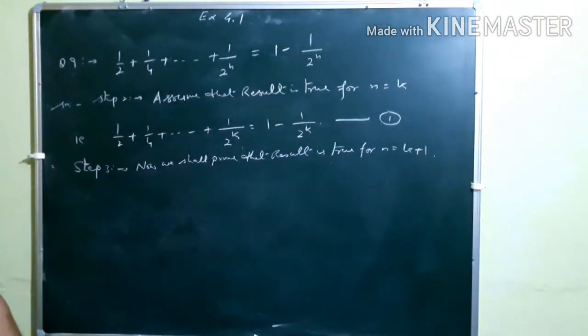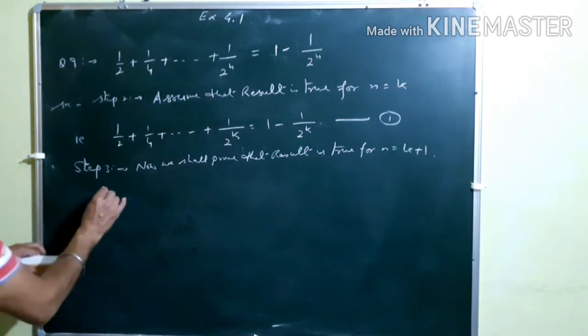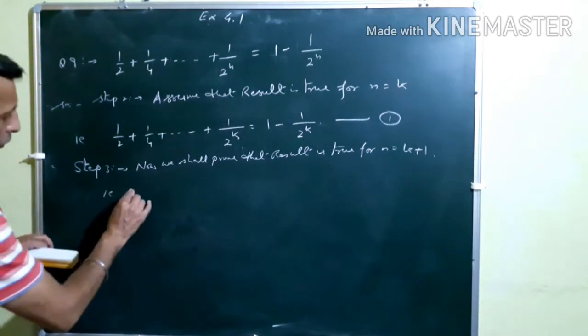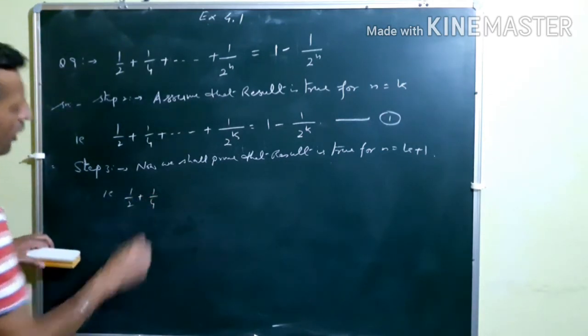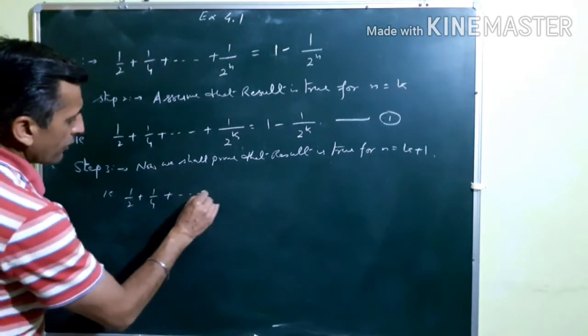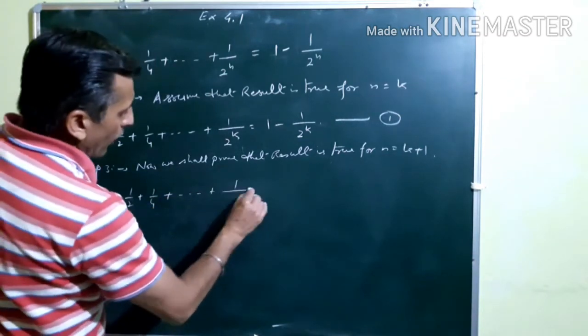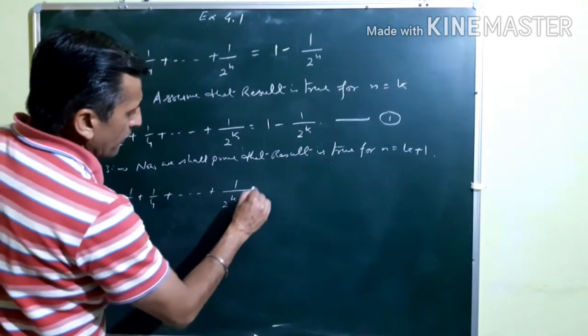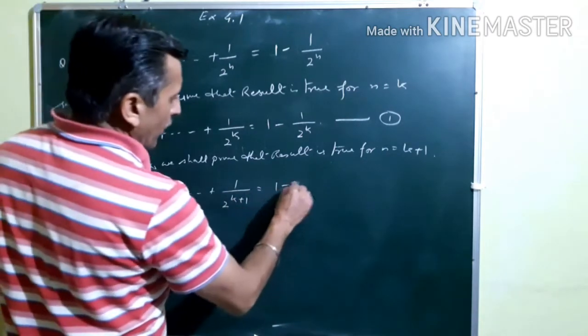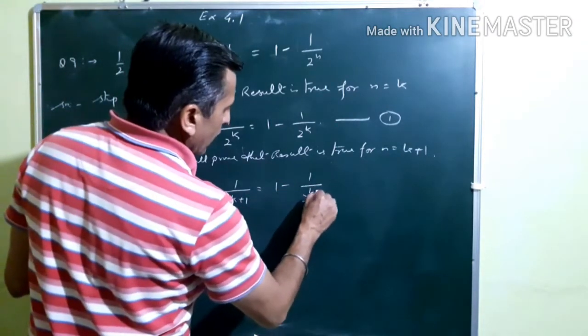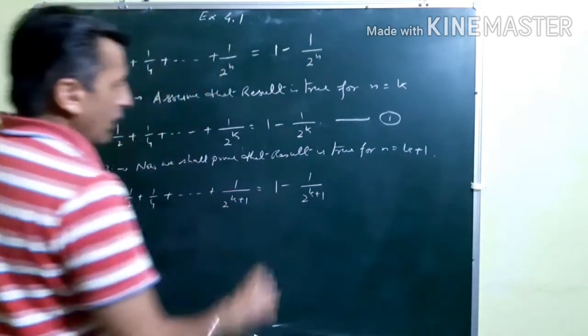Now what was the result? That means 1 upon 2 plus 1 upon 4 plus and so on up to 1 upon 2 to the power k plus 1 is equal to 1 minus 1 upon 2 to the power k plus 1. So this result we have to prove.